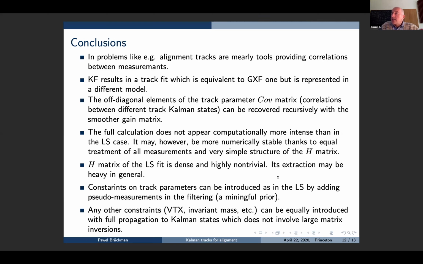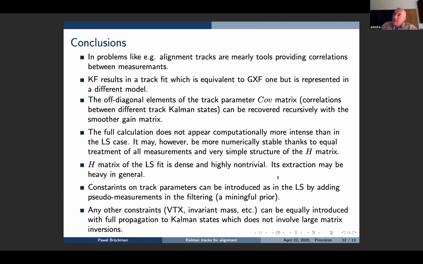Any other constraints, such as a vertex or the invariant mass of the vertex, can of course be equally introduced with full propagation to the Kalman states, which does not involve large matrix inversions, as it would if you wanted to do it in a global way.